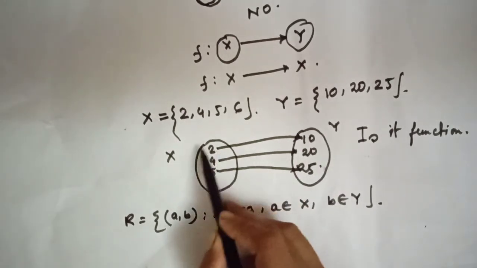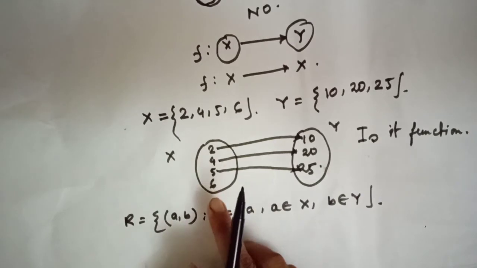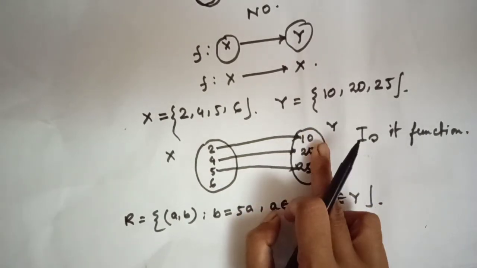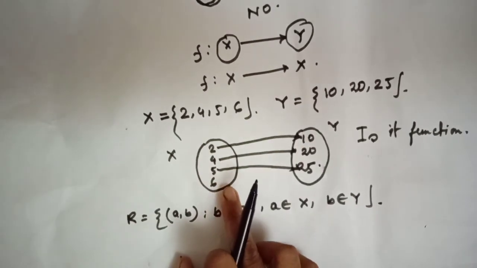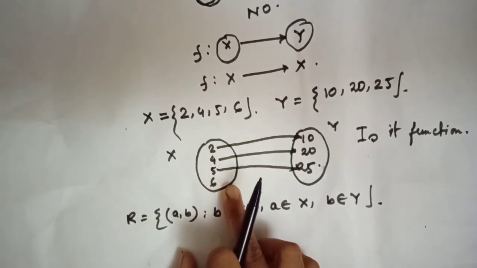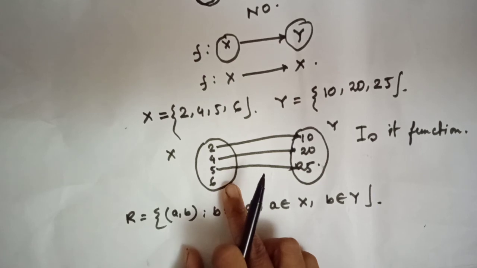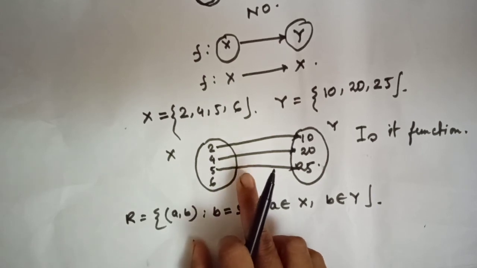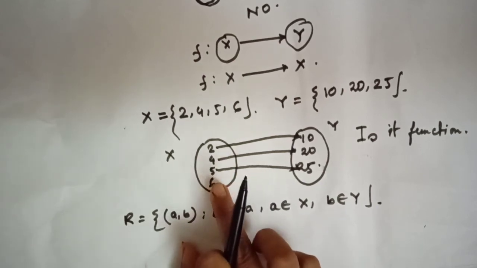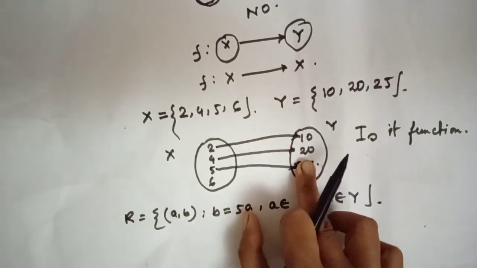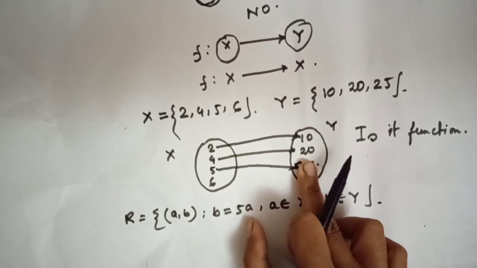So each element of X is not associated to an element of Y. Here 6 lies empty, has no image. So this is not a function. That means a function assigns every element in X to a unique element of Y. Have you understood?